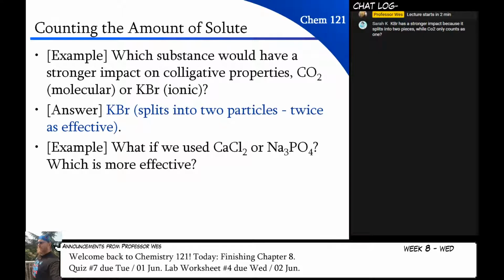I'll give you a hint. Think about what charges each ion forms, and then just split it all into the pieces so that the charges balance.